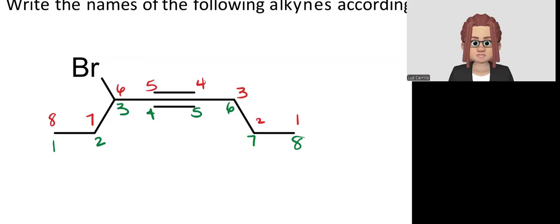The correct numbering is the green one, because since this is an equidistant alkyne, I'm going to number the alkyne from the end that is closest to the first substituent.